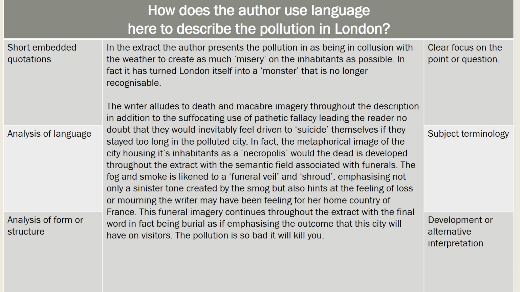You need to analyse the language. You also need to talk about the form or structure. Remember, form could be that it's recount or a diary, first person narrative. The structure could be repetition. How does it start? How does it finish?